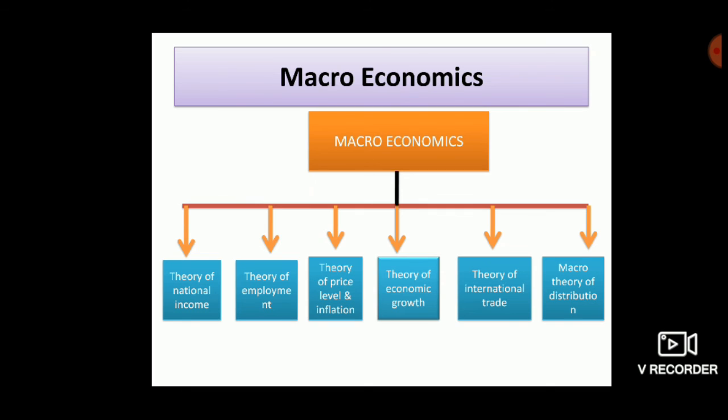Macroeconomics is important because of formulating economic policy. Macroeconomics provides a basic and logical framework for formulating appropriate policy. Government policies are meant for a group of individuals rather than any particular individual.